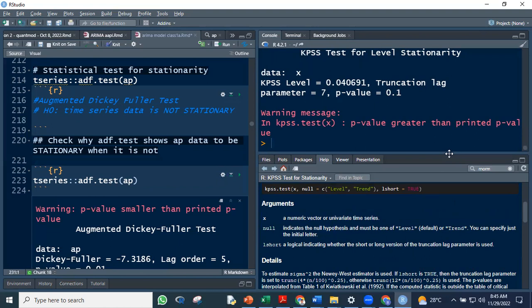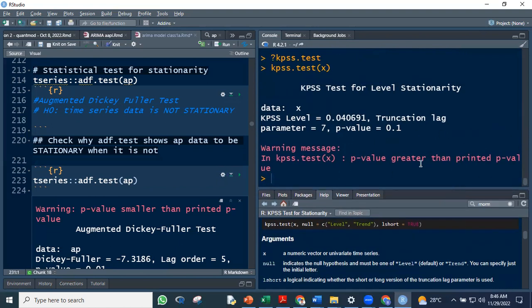Okay, si X ba, ano? Take note na iba yung null hypothesis kay KPSS. Ang null hypothesis ni KPSS is that level stationary siya or trend stationary depending sa ginagamit natin.